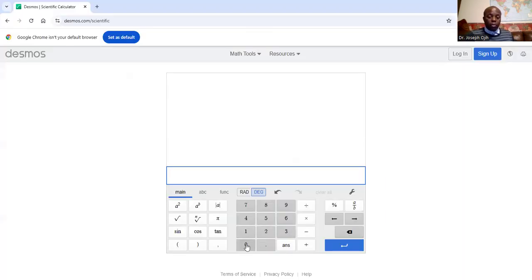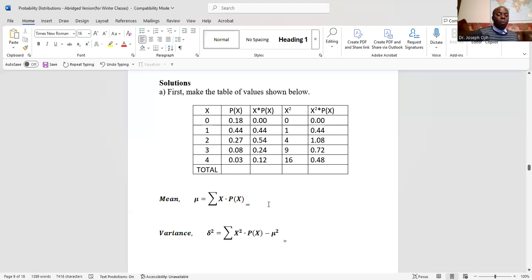I got 0.00 plus 0.44 plus 0.54 plus 0.24 plus 0.12, which gives 1.34. That's our mean right there, which is approximately 1.